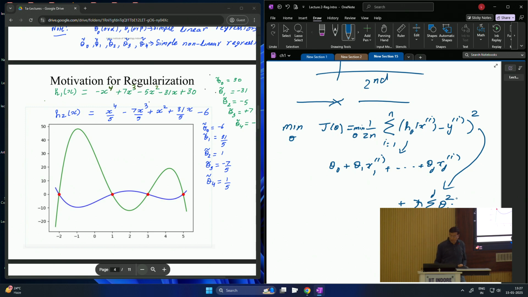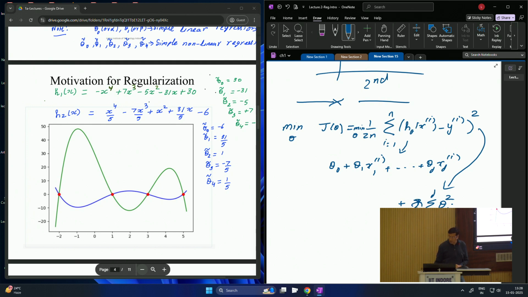When all of them tend to 0, it becomes just a straight line, which I'll show. But if lambda is really small, which term will dominate? The first term will dominate, which means the thetas will not go to 0 as much as you want. So lambda controls the amount of regularization, whether you want the thetas to go down or not.